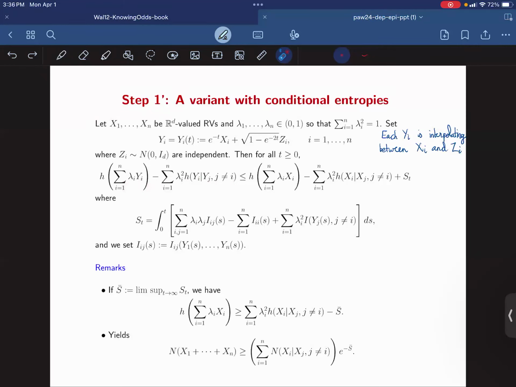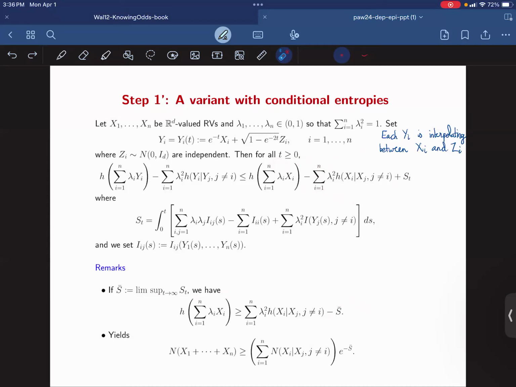So what you get is that this entropy of the linear combination of the original xi's is greater than or equal to this linear combination of the entropies minus a quantity s bar, which is this lim sup of this error term. Because this error term holds for any t, and we're taking t to infinity.